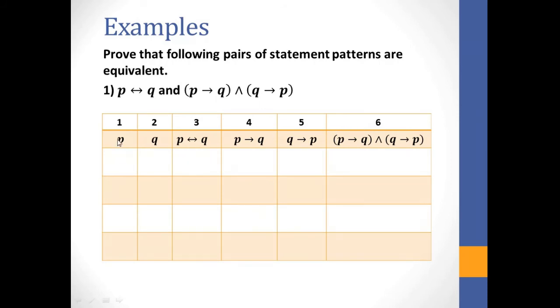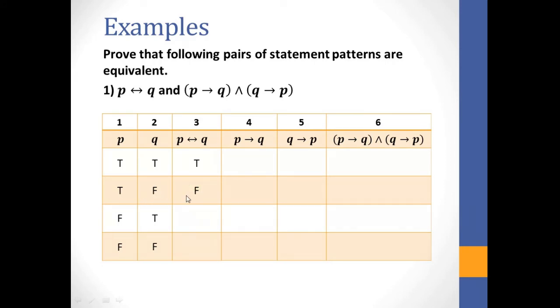As usual prepare the truth table here, values of P as T, T, F, F, then values of Q as T, F, T, F, then P double implies Q. Now remember the table of P double implies Q. When both the values of P and Q are true, T double implies T gives T, and if any one of them is false, then the statement pattern is false.